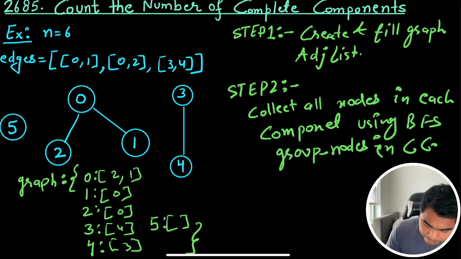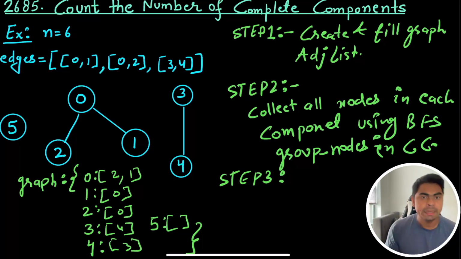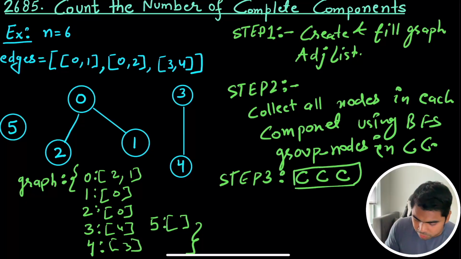Now third step is going to be step 3 would be increment the count. So we'll have, let's say, connected complete components. So this is going to be my variable.